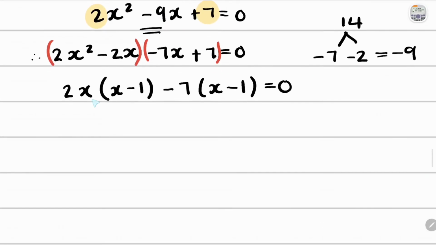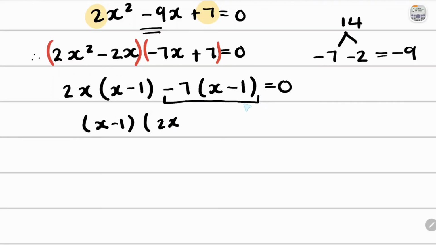Okay, do you see that in this new simplified equation, all that is common between the two terms that we have, because that's what we have, two terms, would be the brackets. So we're now going to take the brackets out as a common factor. So we have x minus 1 that comes out. And then what is left in the first term after taking out that common factor? It's going to be the 2x.